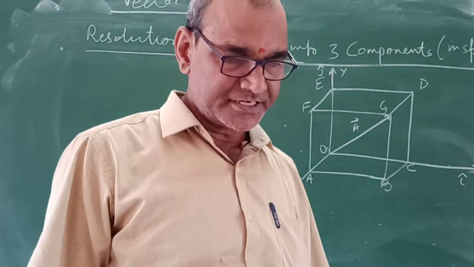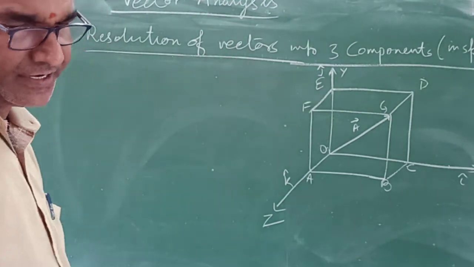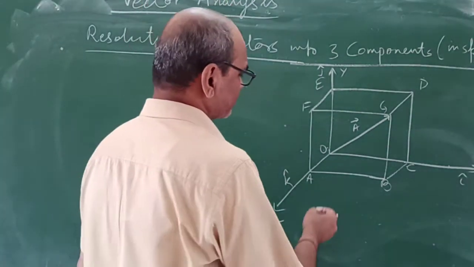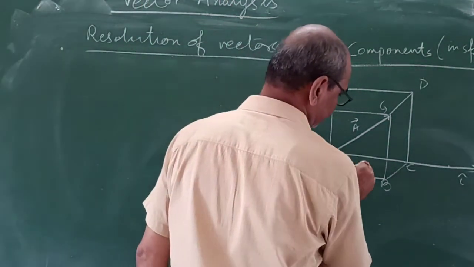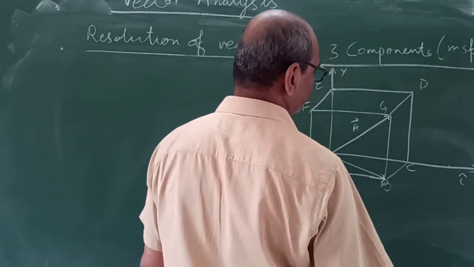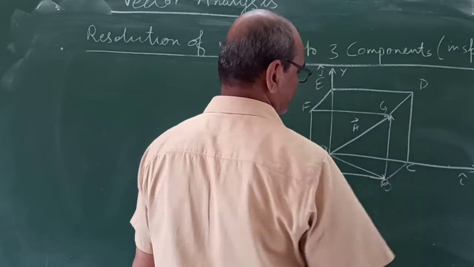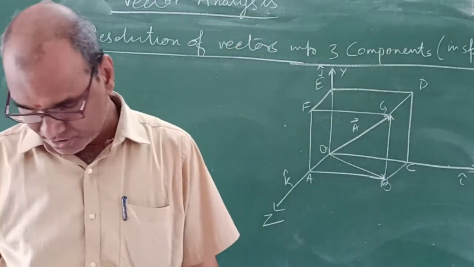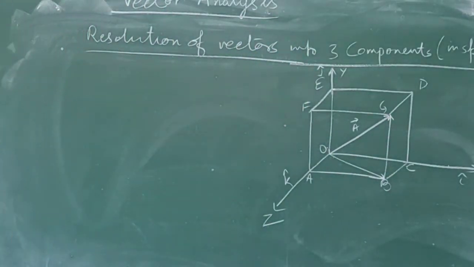So, we consider first of all one of the triangles. Join OB. Mark vector BG.